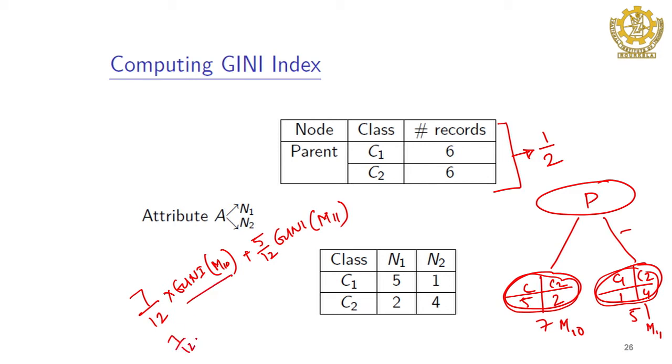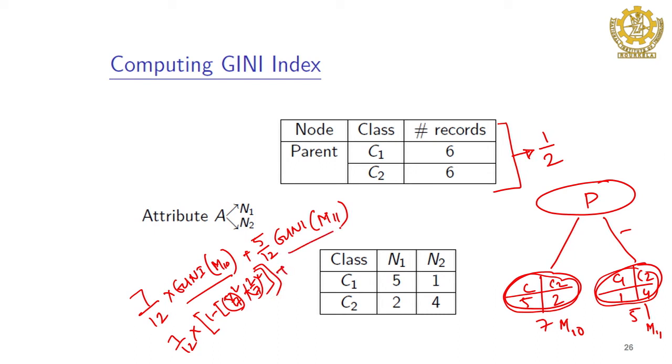So, 7 by 12 into Gini of M 10, this will be 1 minus 5 by 7 square plus 2 by 7 square, okay, right.